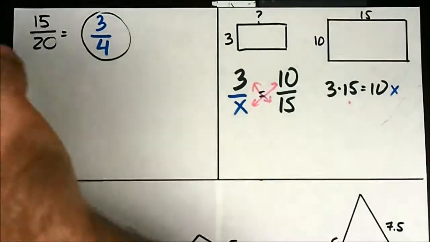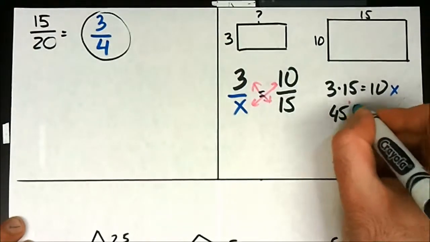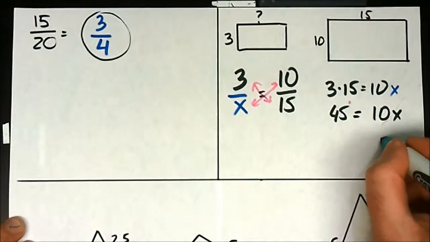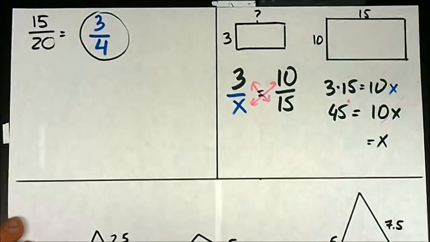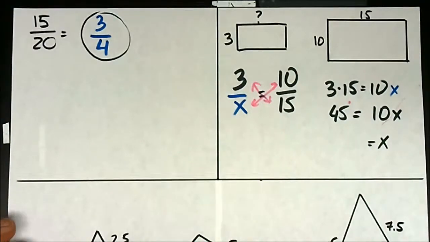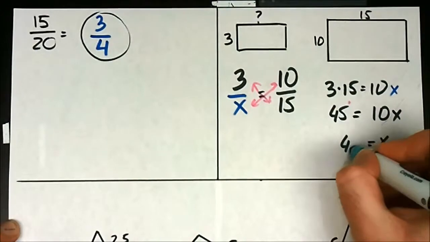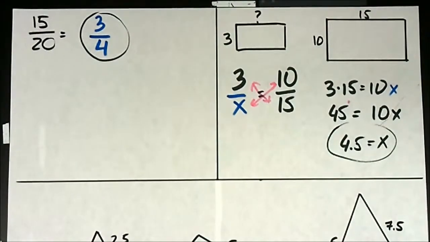Alright, what's 3 times 15? 45. And this one's easy, even though it's a decimal. What's 45 divided by 10? Just take the decimal, which is right here, and move it once to the left. 4.5. Easy peasy. Questions on that one?